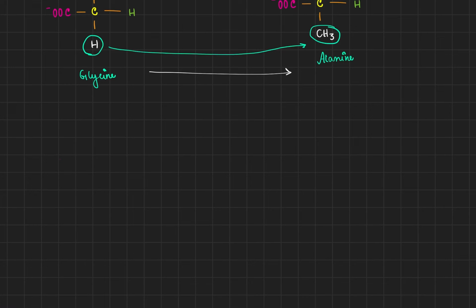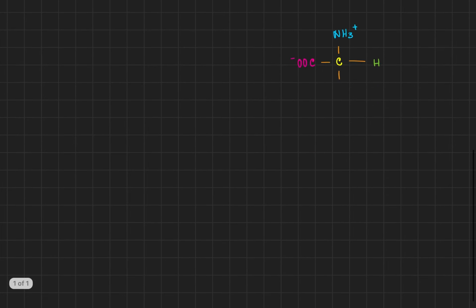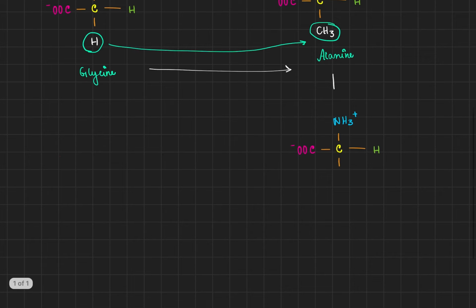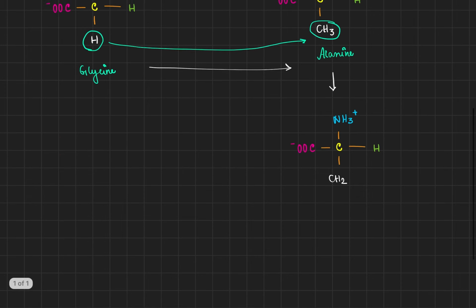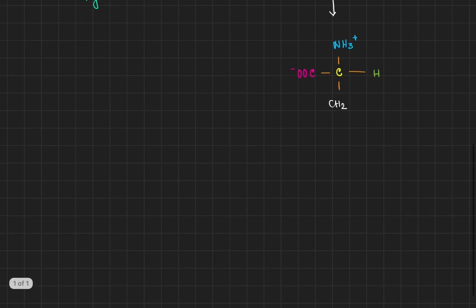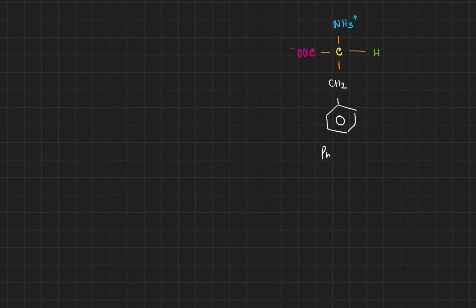Moving to the next, from this alanine, I'll just add CH2. I'll remove one hydrogen and add a phenyl group. This is known as phenylalanine.